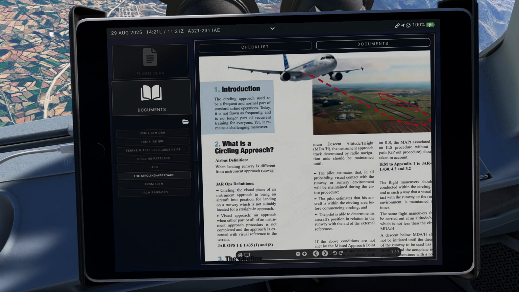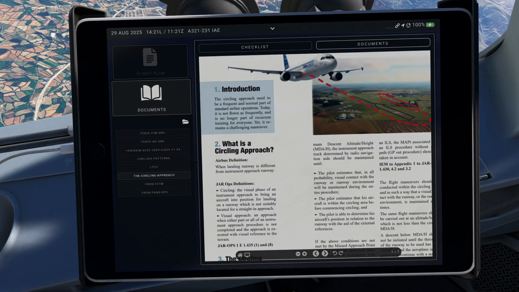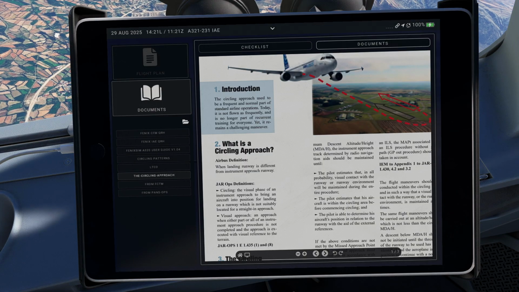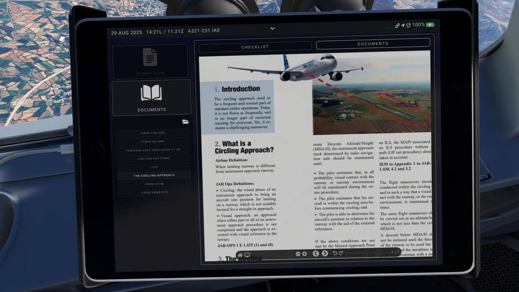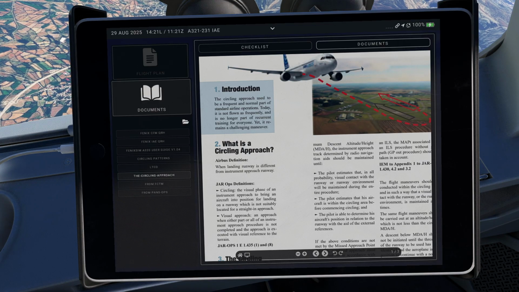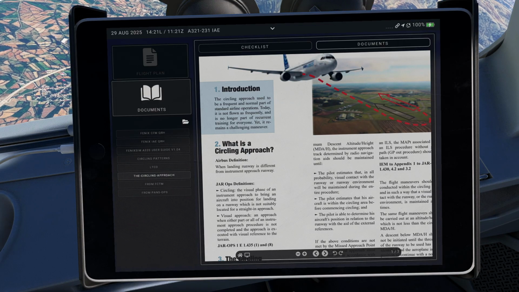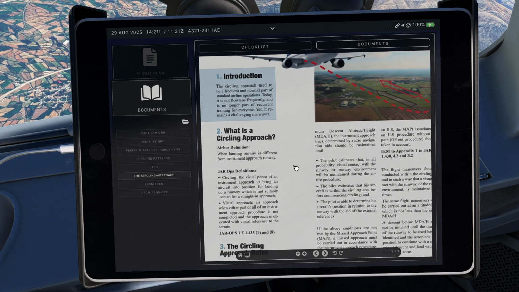You should observe all the conditions, all the precautions, all the limitations, all the procedures very accurately to do the circling maneuver very well.